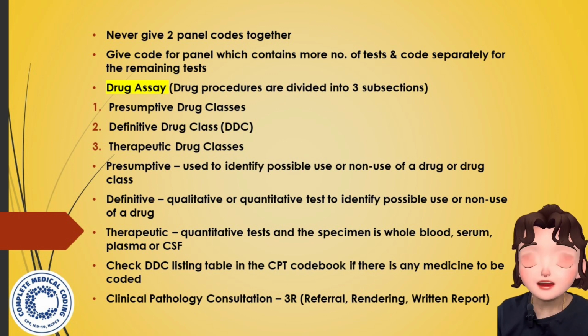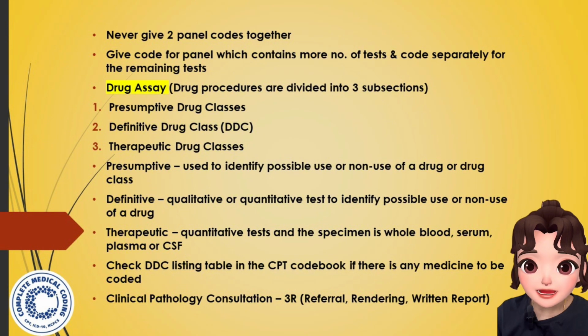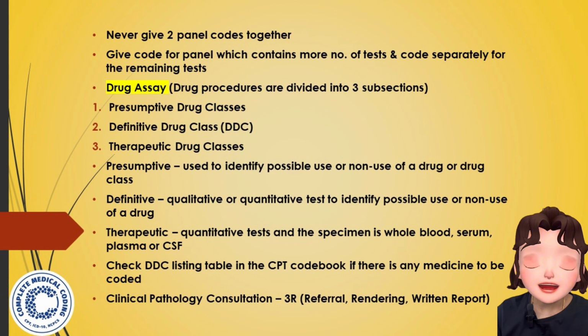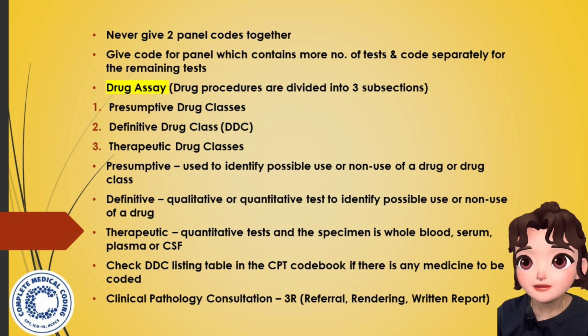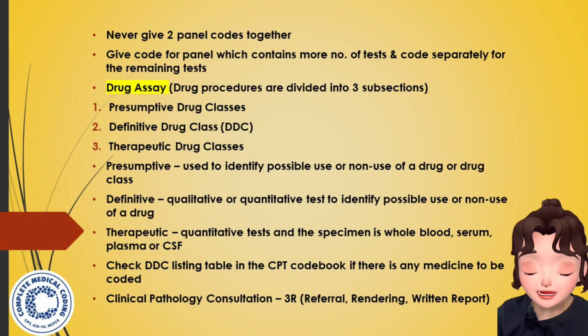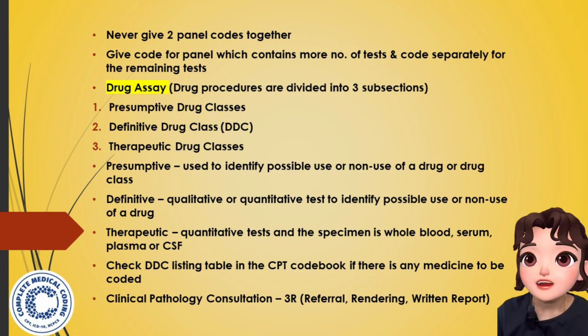Now, which are the different drug classes, drug assay? Drug procedures are divided into three subsections: presumptive drug classes, definitive drug classes, also called as DDC, and therapeutic drug class. Okay, what do you mean by presumptive drug class?